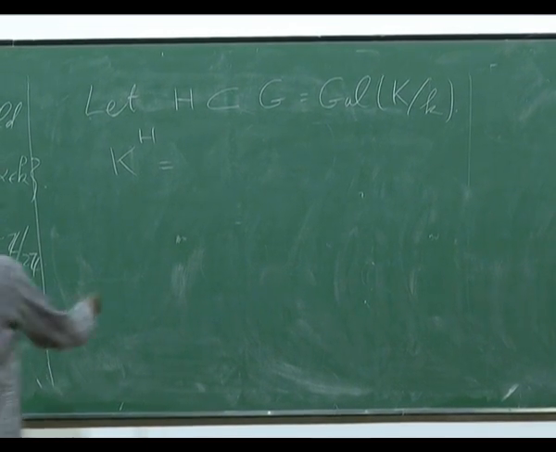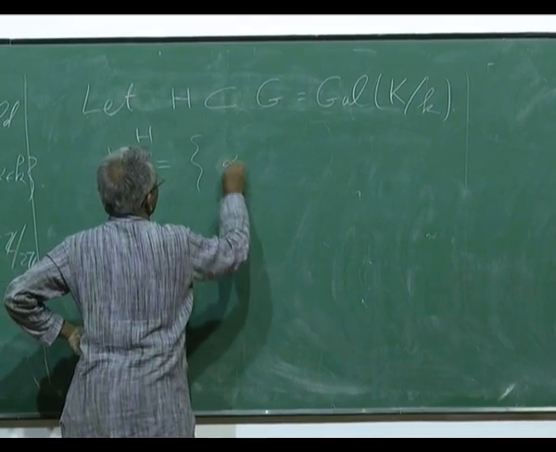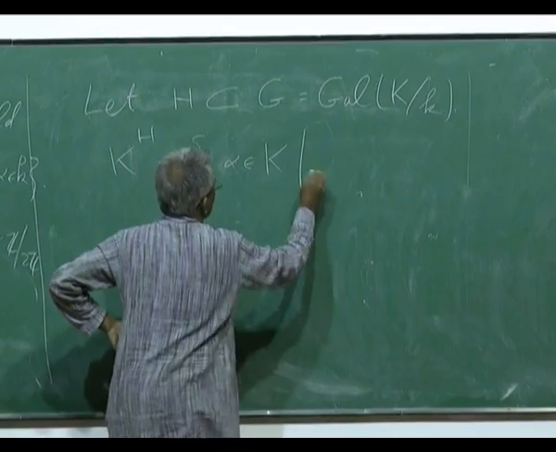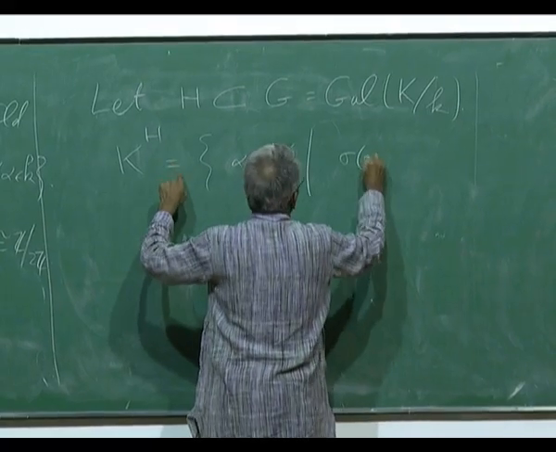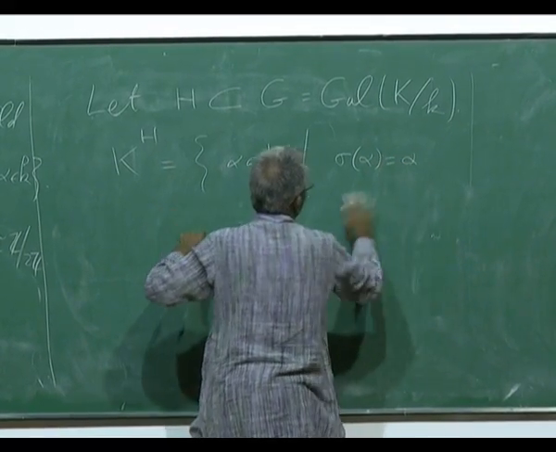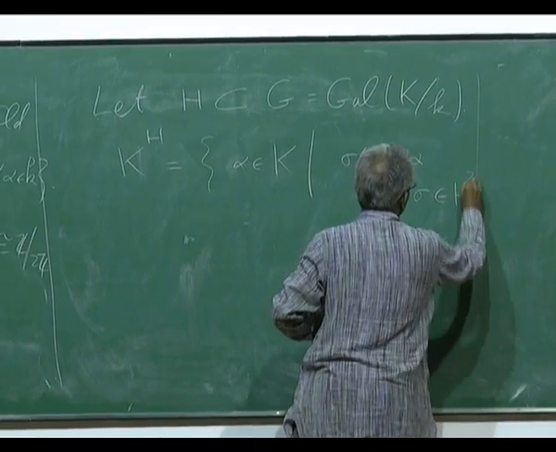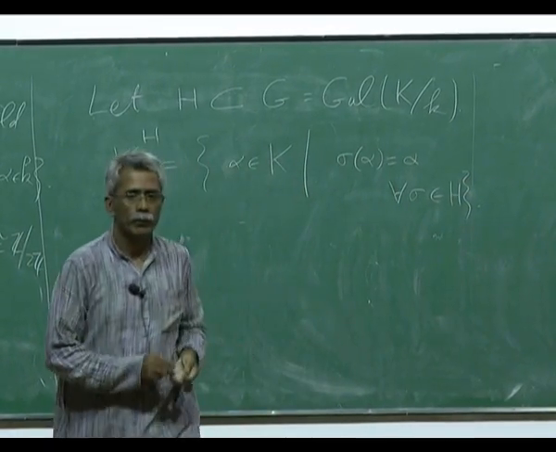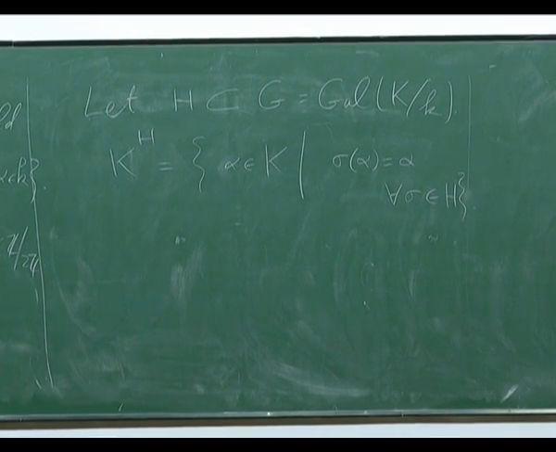This is the set of all alpha in capital K such that sigma of alpha is equal to alpha for all sigma in capital H.